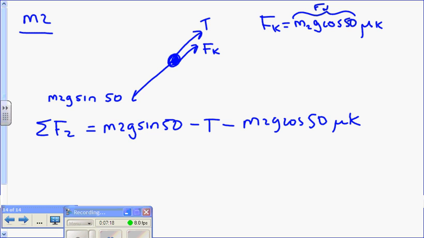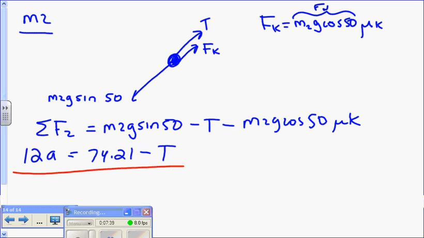Again, it looks like a lot, but most of it's just numbers and you can just sub it in. This leads us to our second equation, which is 12A, 12 being mass and A being acceleration. Again, I suggest you go through that math yourself.